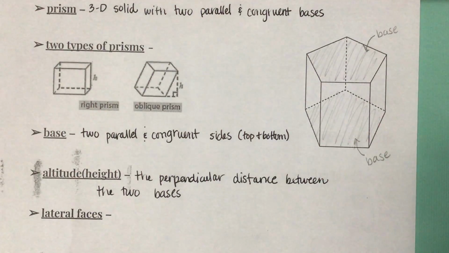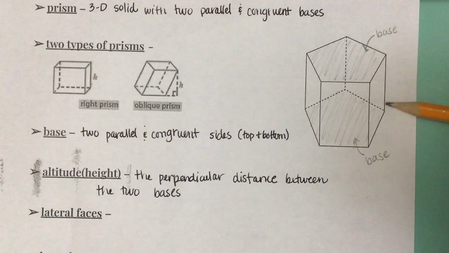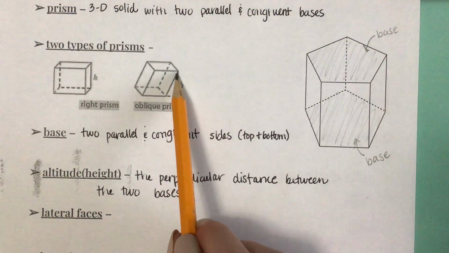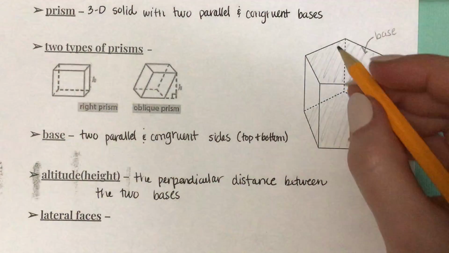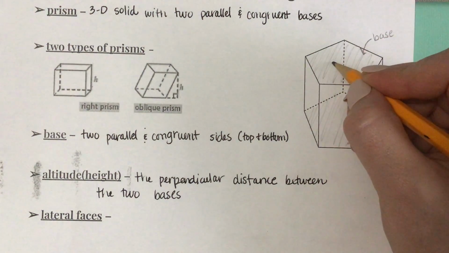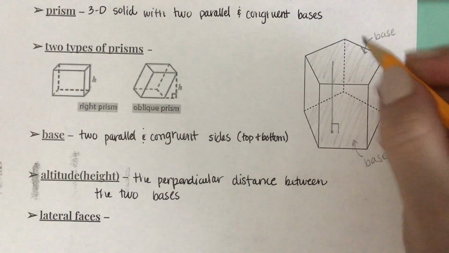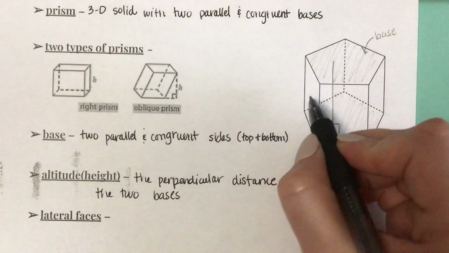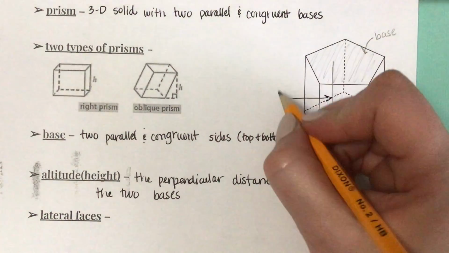Now, if your prism is a right prism like this, then you can just use an edge to figure that out. If it's oblique, then you're going to have to draw in a separate line. But the altitude, like here, if we did draw in a separate line, it might look like this. So it's just going from the top to the bottom base, and that would be an altitude.